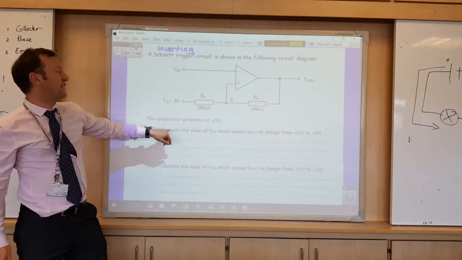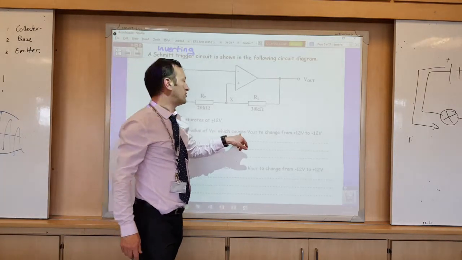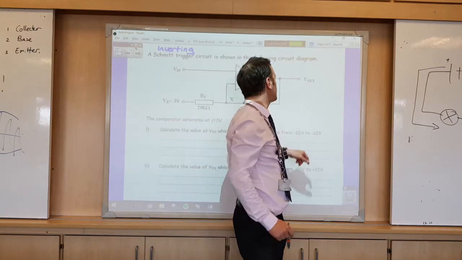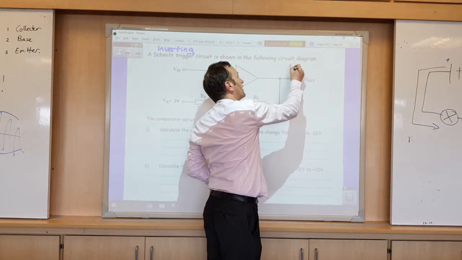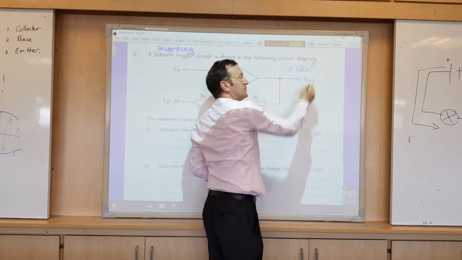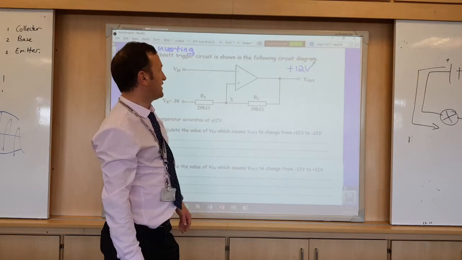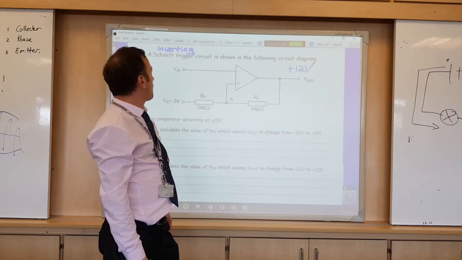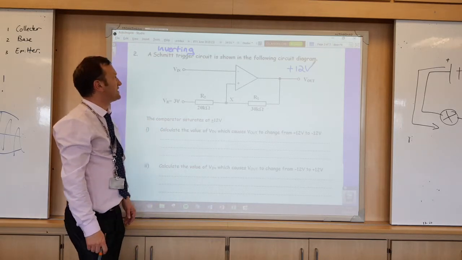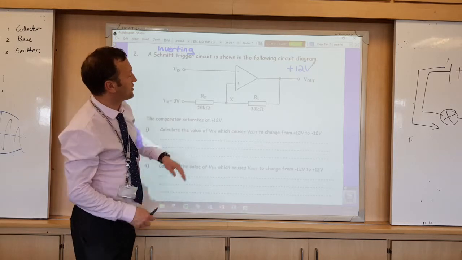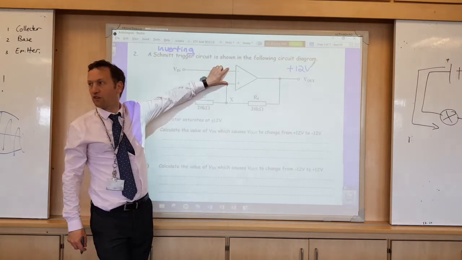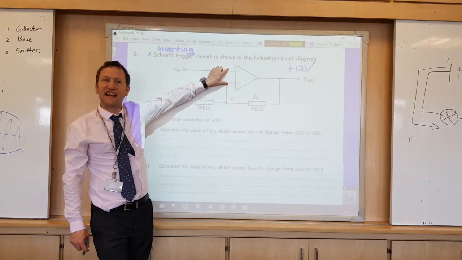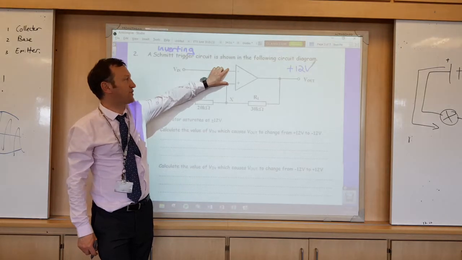So it says calculate the value of V in which causes V out to change from plus 12 volts to minus 12 volts. So we don't need to think about that. We need to just say, what is the voltage at X? Because these two voltages are the same at the switching threshold.